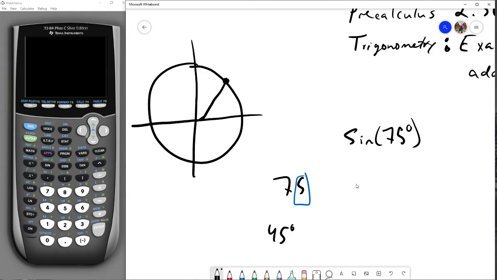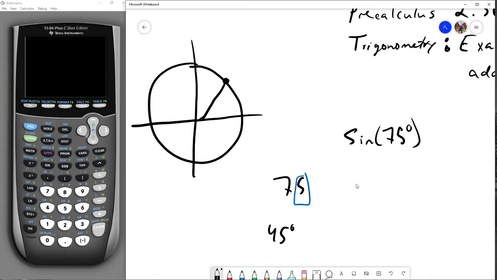The reason why I'm thinking of 45 is because if you have a 45 plus some other angle that doesn't end in 5, that will give us the last digit of a 5. So then the question is, do we want to think of addition or subtraction?